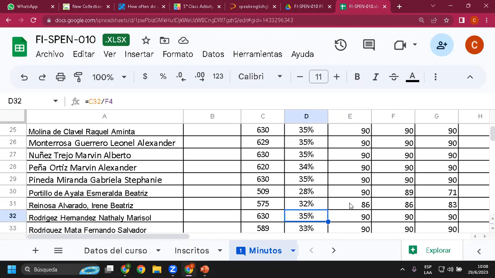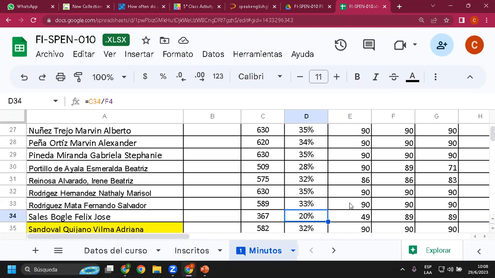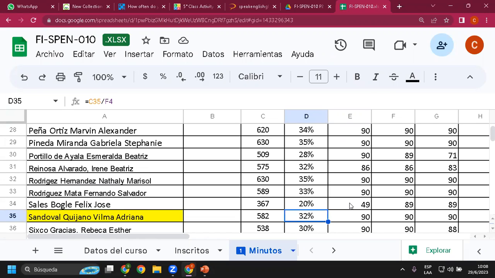If you missed some minutes, that is going to affect. Sometimes I have people that connect 80 minutes, so you miss 10 minutes. I have some people that connect 85 minutes, so you miss 5. So that is what is going to affect.